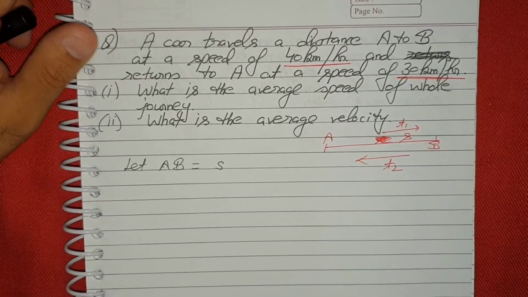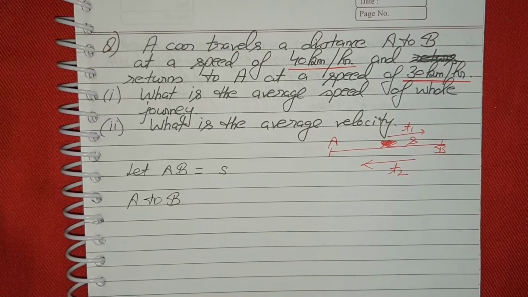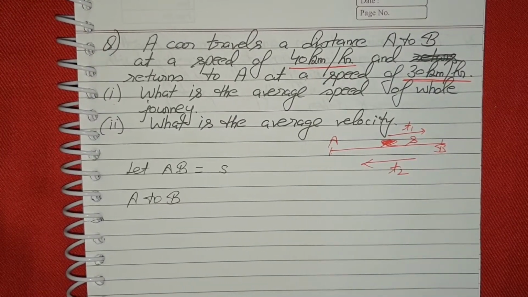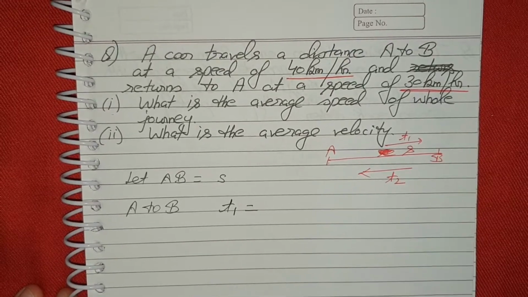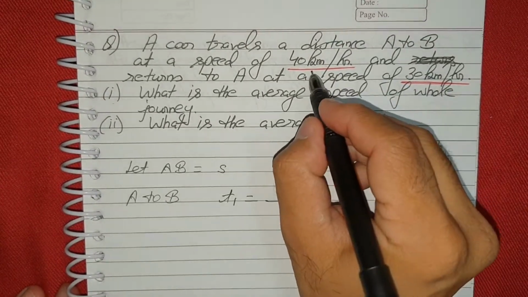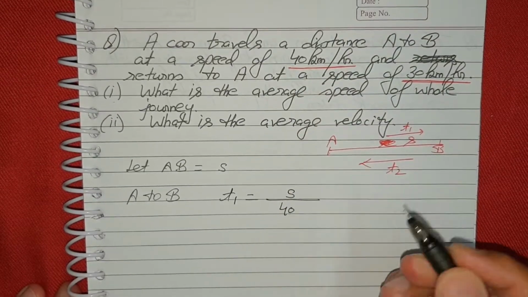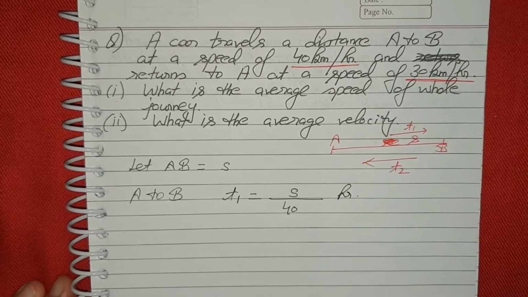Now, to go from A to B, what is the time taken? T1 will be, time is distance by speed. So, distance is s we have taken. What is the speed? Speed is 40 km per hour. So, s by 40, this will be in hours.